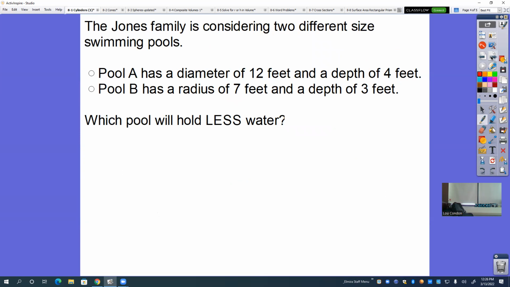The Jones family is considering 2 different size swimming pools.